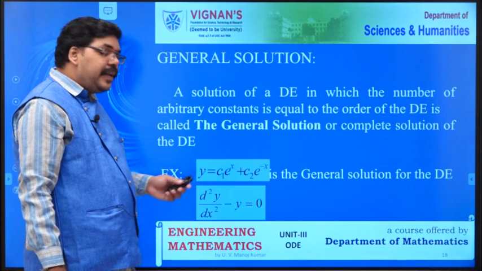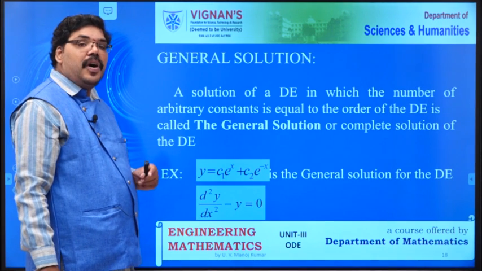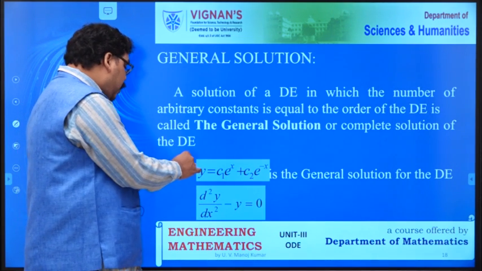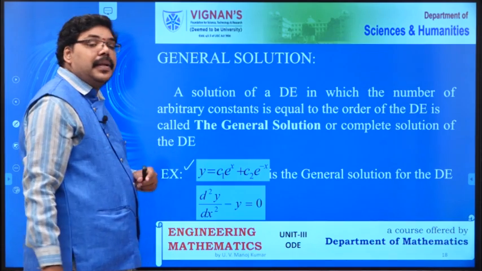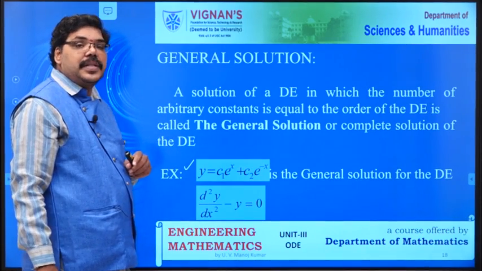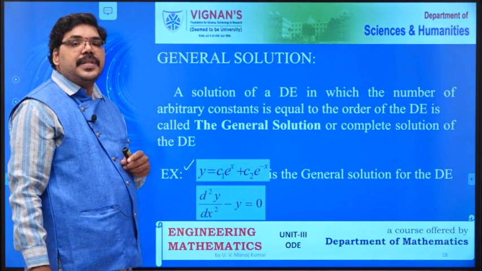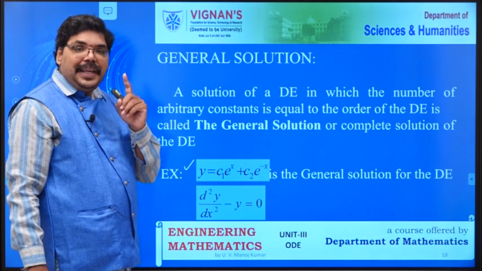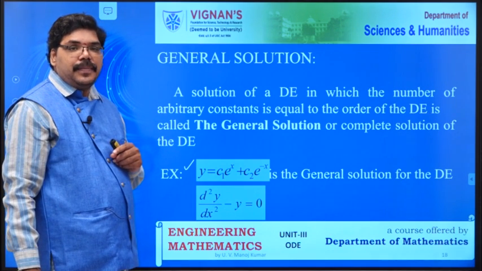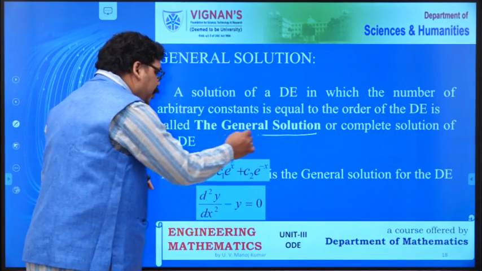So since the given differential equation is second order and the solution has two arbitrary constants, this is called general solution. Why is it general solution? It is involving arbitrary constants. Remember, for a given ordinary differential equation, there will be only one general solution. Therefore, we will always say the general solution.